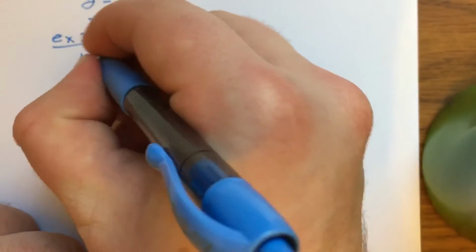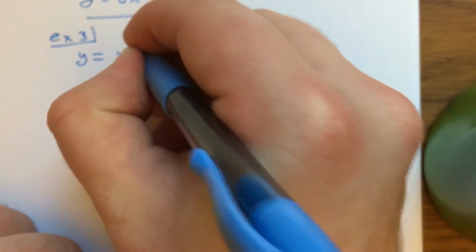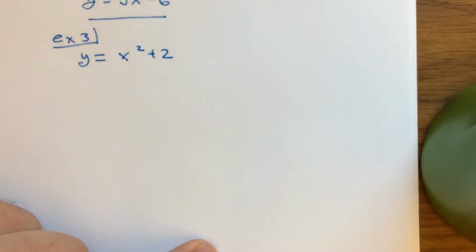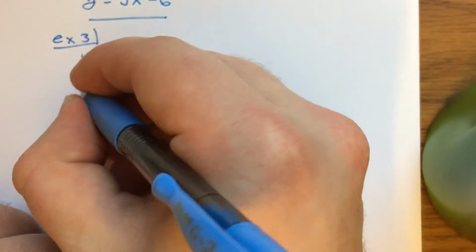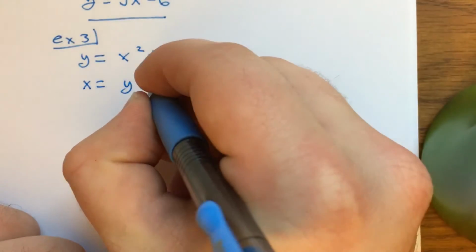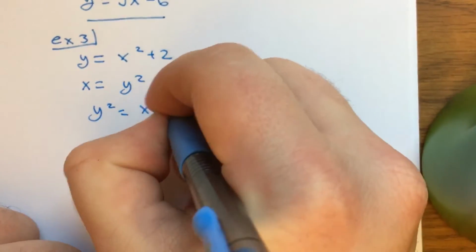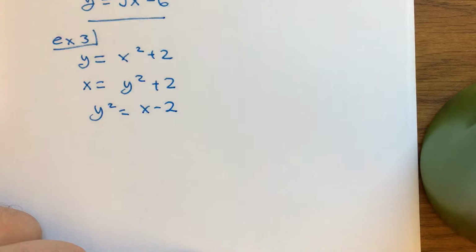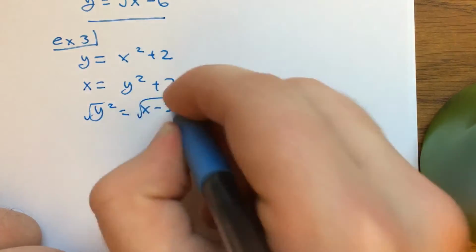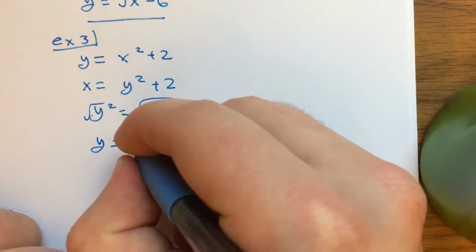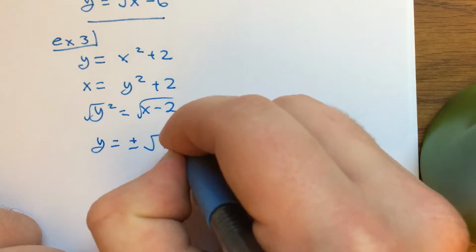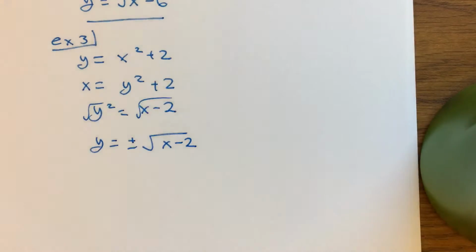Let y be equal to x squared plus 2. So the first thing we do is our little x and y exchange. So we have x is equal to y squared plus 2. And then y squared is equal to x minus 2. Then we gotta take the square root of both sides. So it's gonna be y is equal to plus or minus the square root of x minus 2.